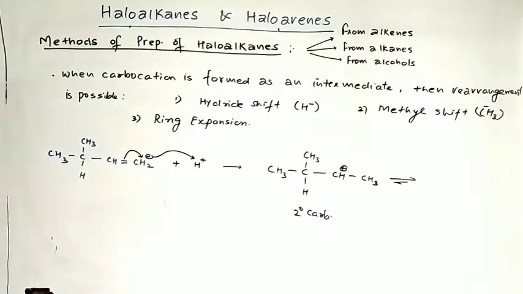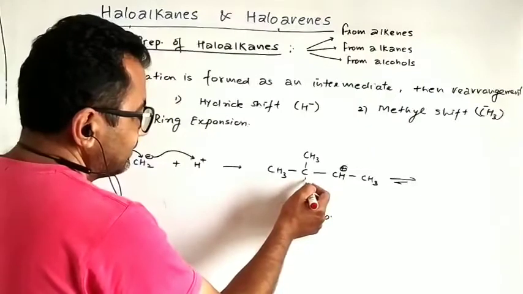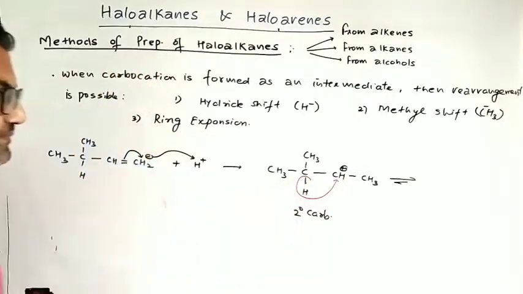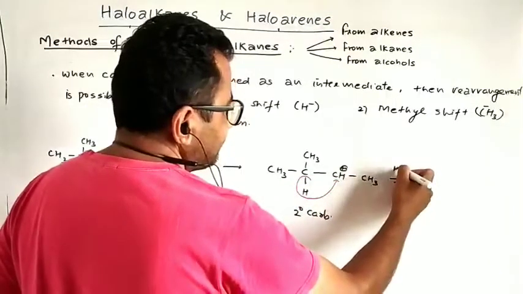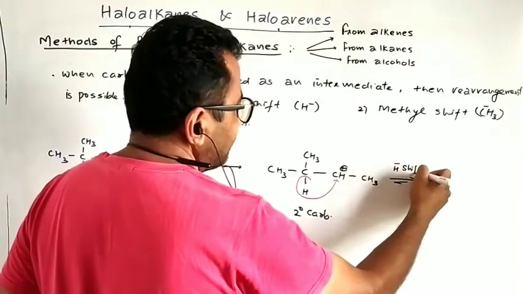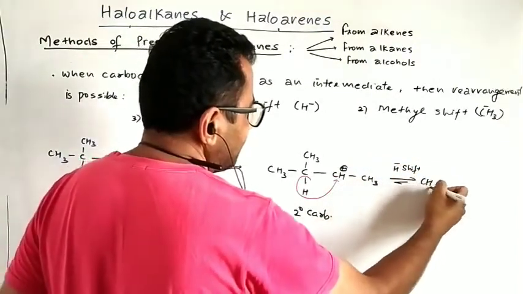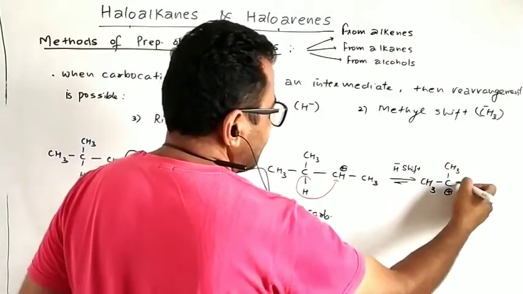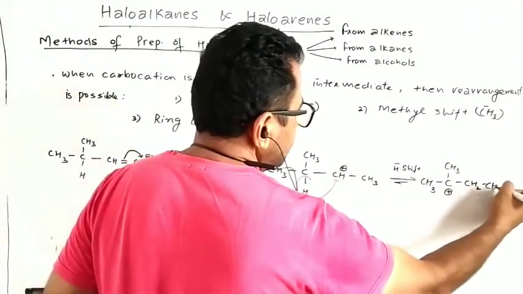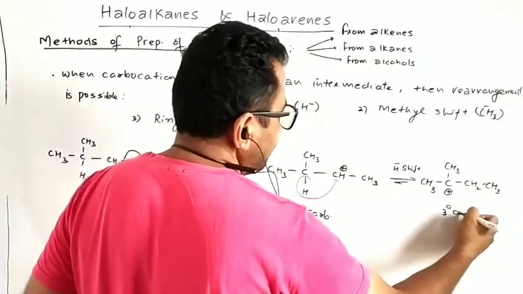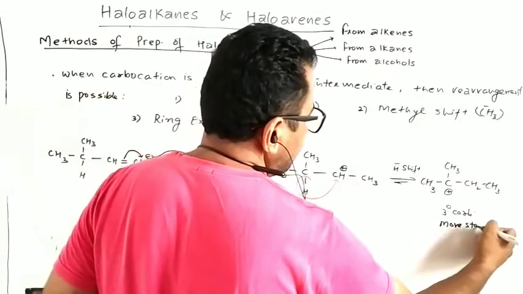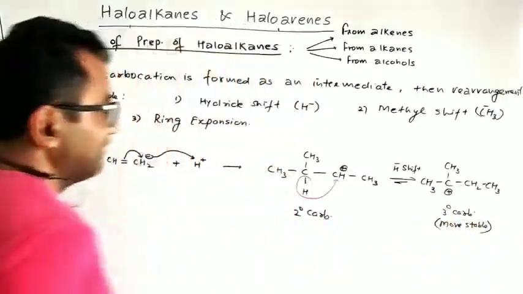There is a hydride shift: this hydrogen along with its electrons moves here. This is called hydride shift. H negative shifts to produce another carbocation which is 3 degree, and a 3 degree carbocation we know is more stable.